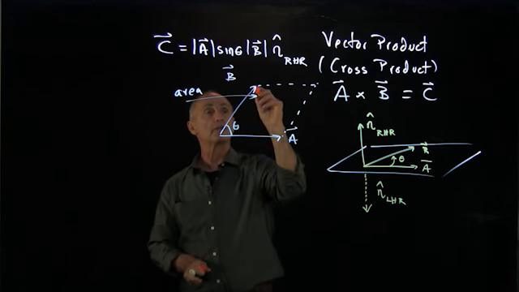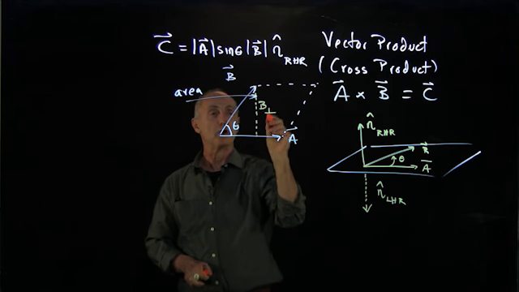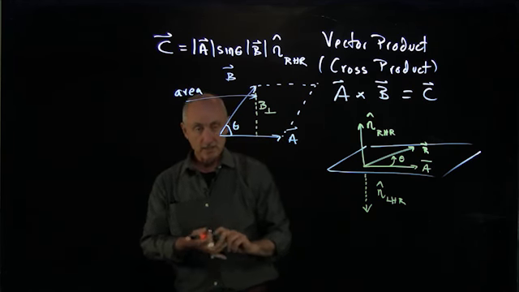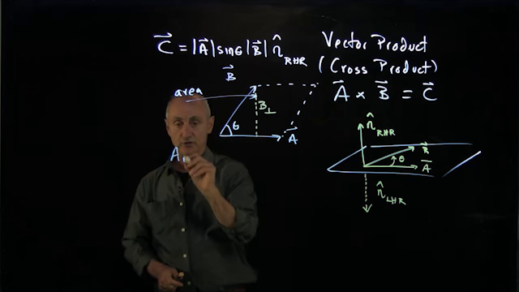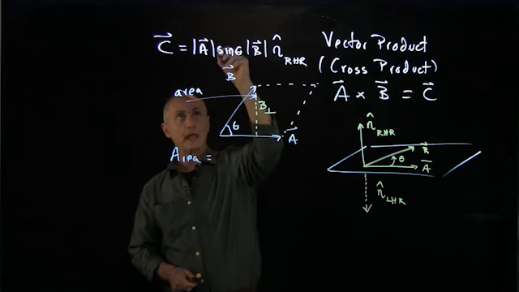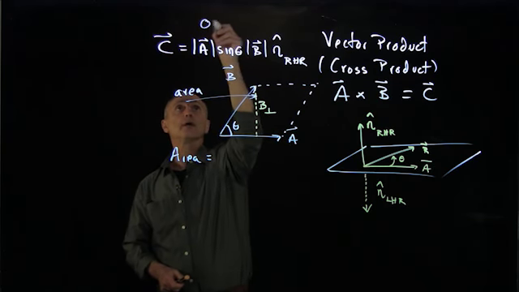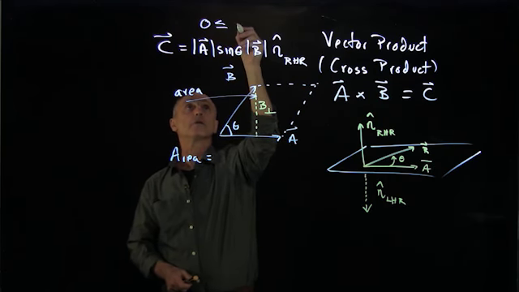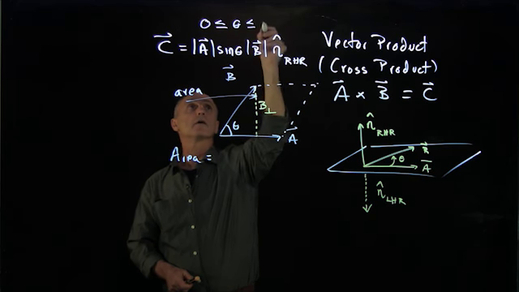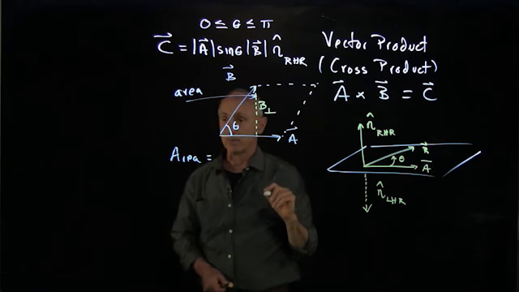Let's drop a perpendicular, and let's call this B perp. Then the area, which is a positive quantity, is given by, and by the way, our angle theta here will always be positive, so we're going to make it 0 ≤ theta ≤ pi. That way sine of theta is always a positive quantity.